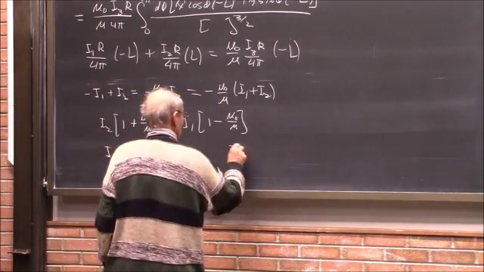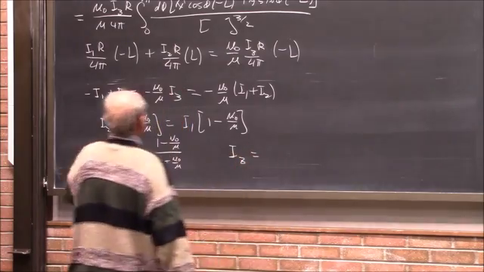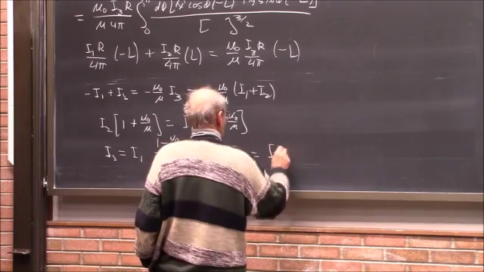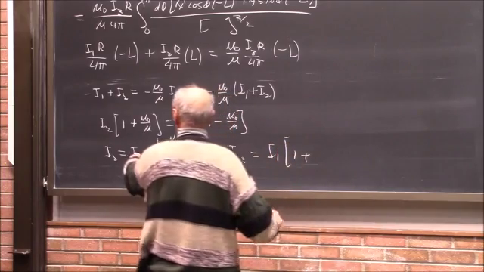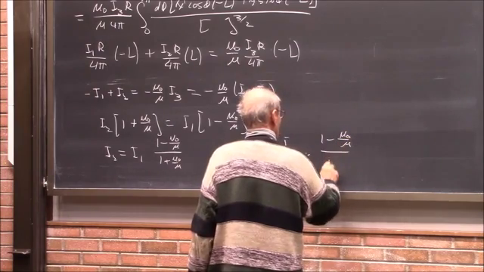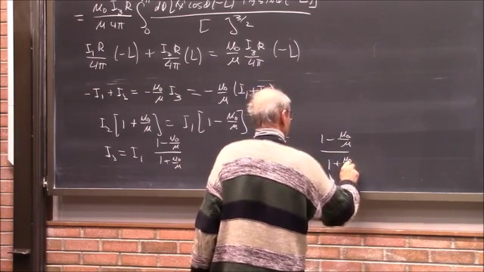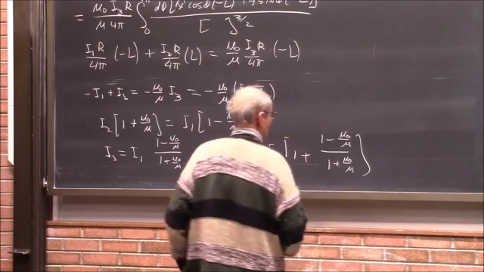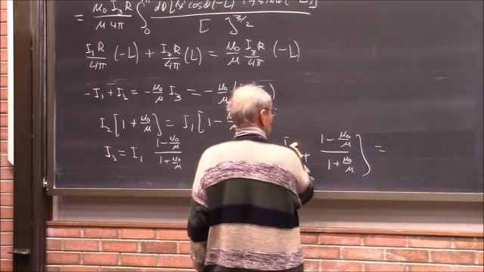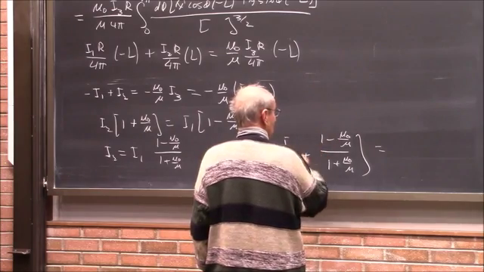So then we can get I3 from up there. So it is I1 times 1 plus 1 minus mu 0 over mu, over 1 plus mu 0 over mu. And so that'll be 1 plus mu 0 over mu, 1 minus, that gives you 2.